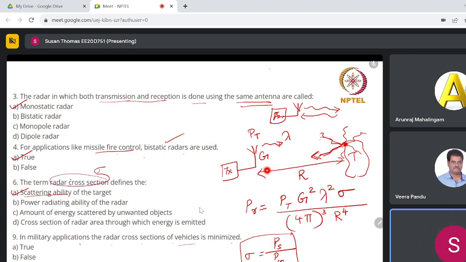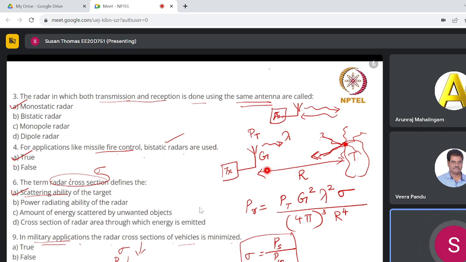In military applications, sigma has to be reduced. That means the power scattered from the vehicle has to be reduced. If you reduce the power scattered from the vehicle, then it will not be detected by the other country.